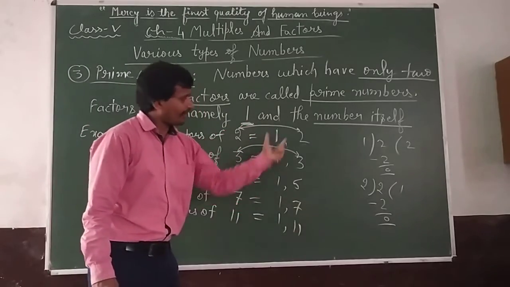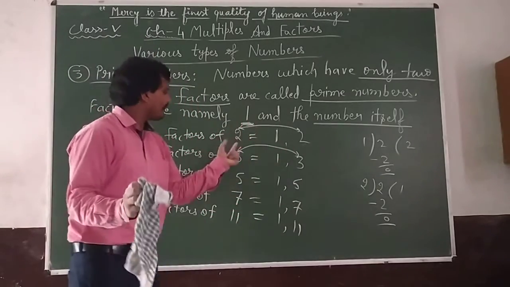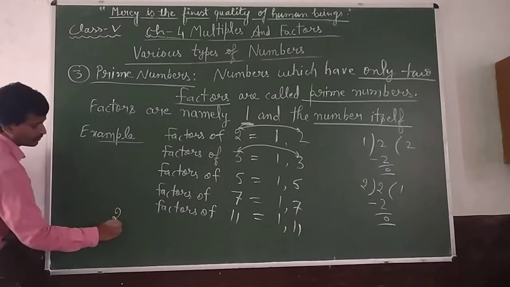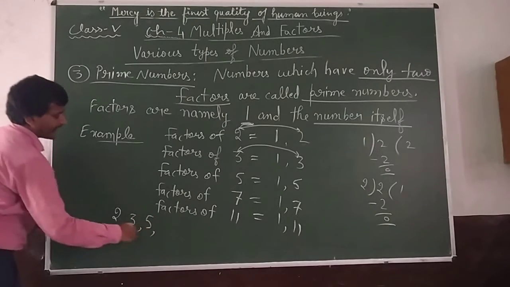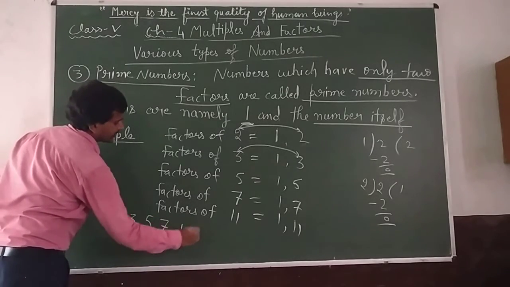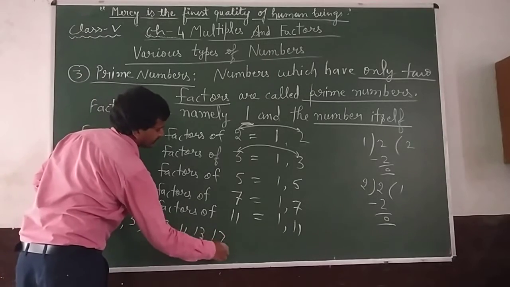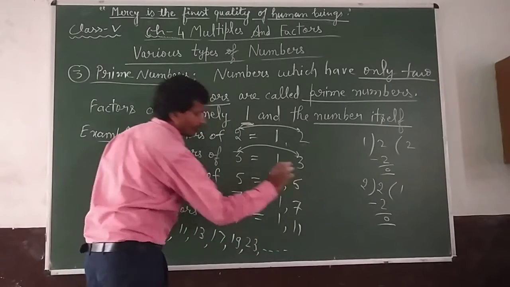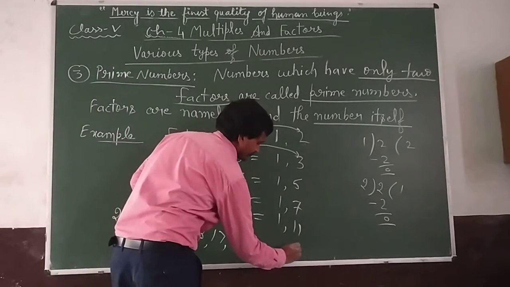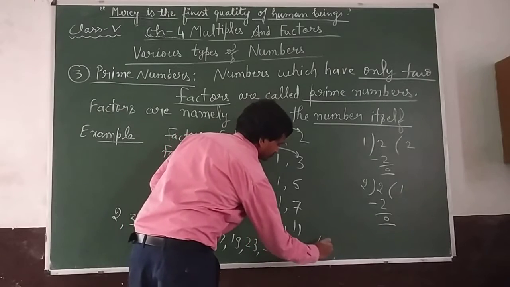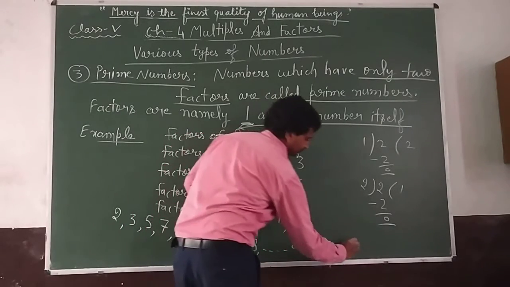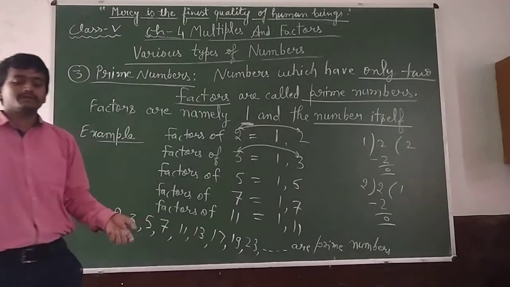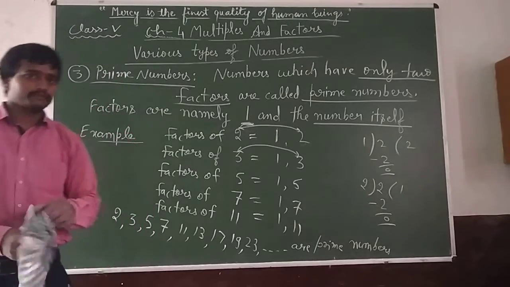So all these numbers are called prime numbers. So we can say 2, 3, 5, 7, 11, 13, 17, 19, 23 and so on. These all are prime numbers, because these all have only 2 factors.